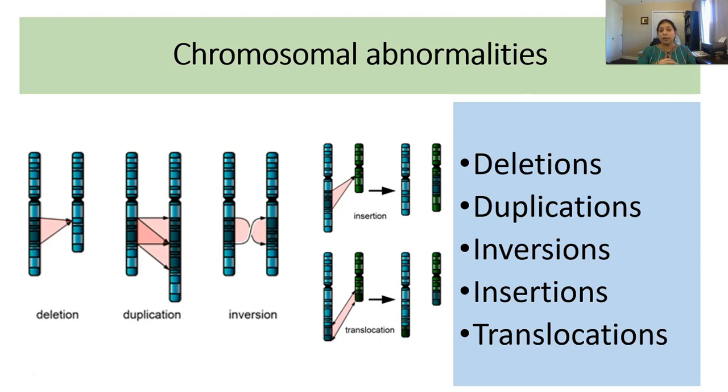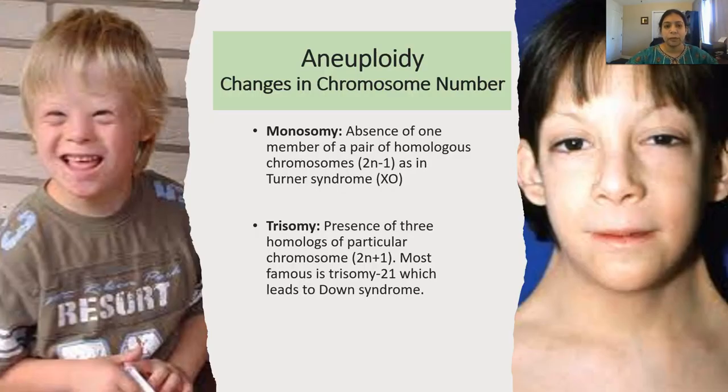And that obviously is more cause of concern in many cases because you are many times removing the regulatory sequences of the genes in question by moving the DNA away from their original location.